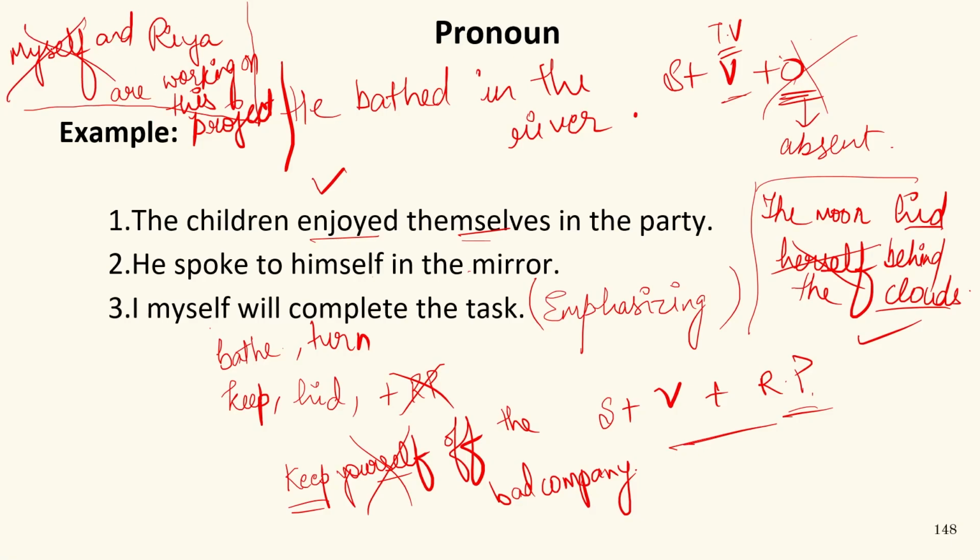Instead of this, we can use Ria and I, following the rule of 2-3-1. So, Ria and I are working on this project.